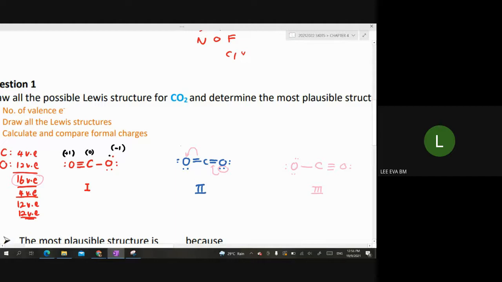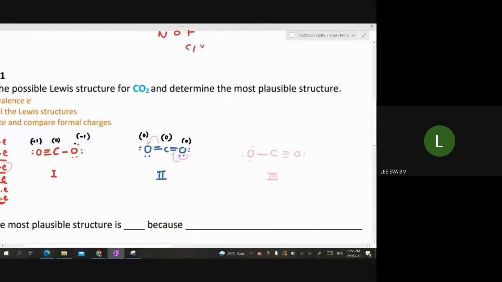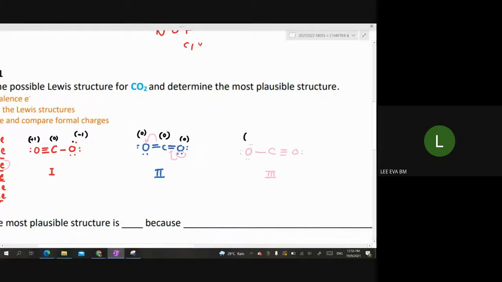Okay, for the second structure over here, 6 minus 4 minus 2 got you 0. 4 minus 4 got you 0. 6 minus 4 minus 2 got you 0. The third structure over here, oxygen 6 minus 6 dot minus 1 line, -1. Carbon is 4. Oxygen 6 minus 3 minus 2 is +1.